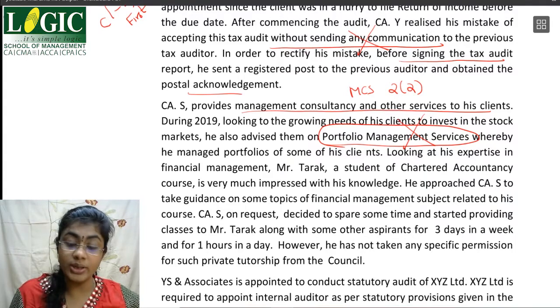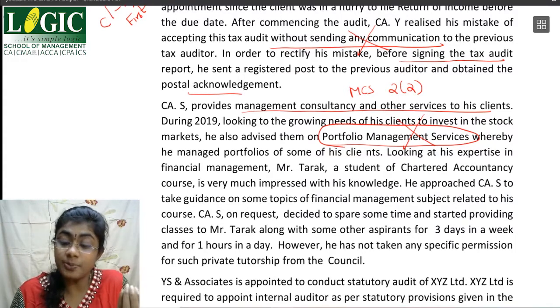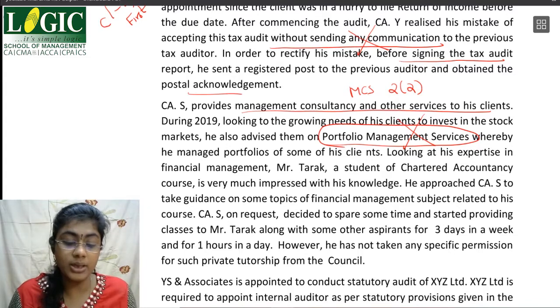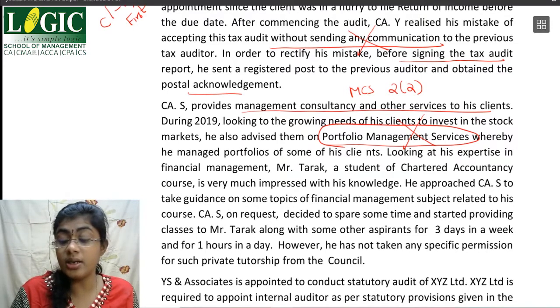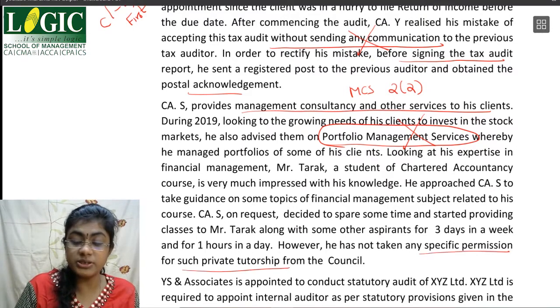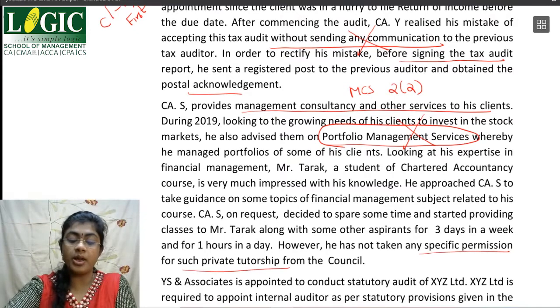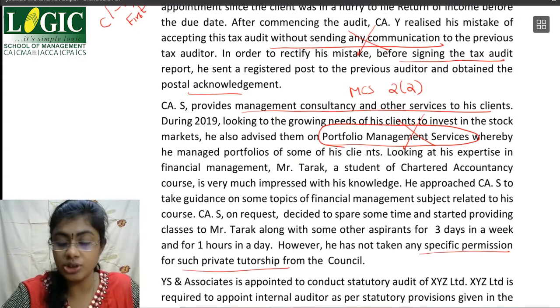CAS, on request, decided to spare some time and started providing classes to Mr. Tarak along with some other aspirants for 3 days in a week and for 1 hour in a day. However, he did not take any specific permission for such private tutorship from the council.